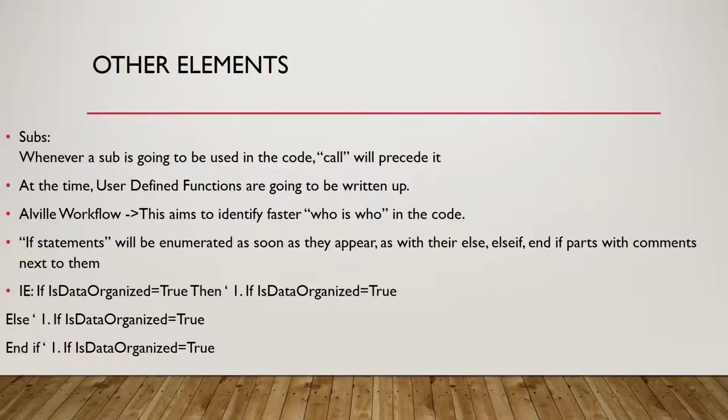For example, if is data organized equals true, then a comment will be added as numerated 1. If is data organized equals true, else of the if that we just saw will be numerated as well, and if will be commented as well.